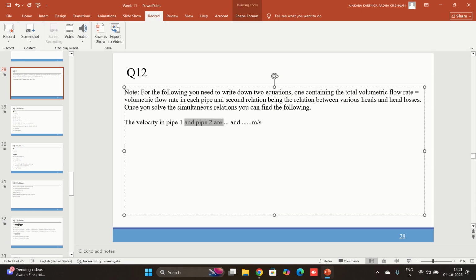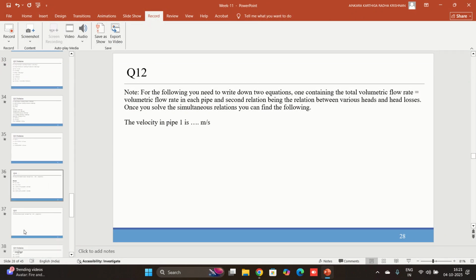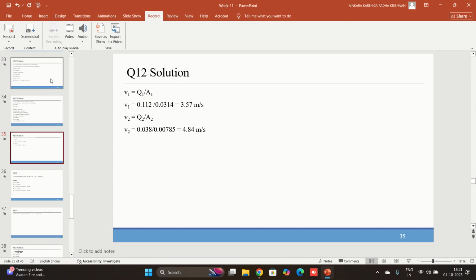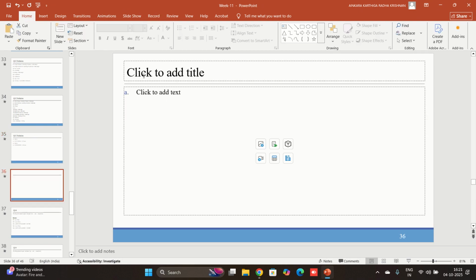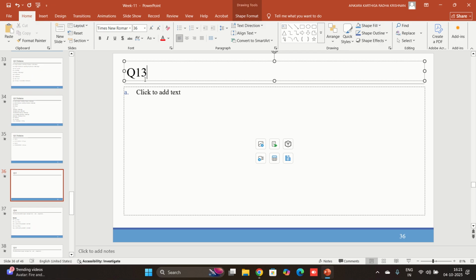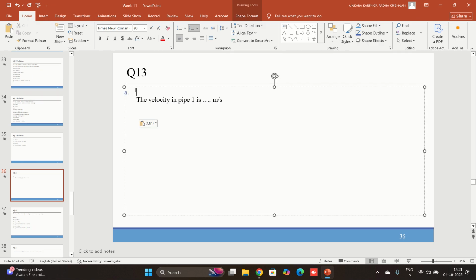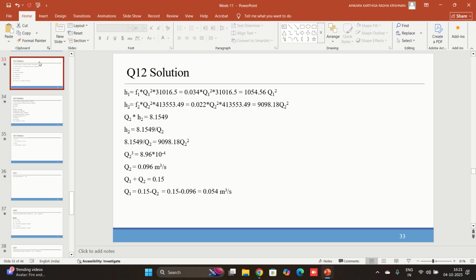I just change pipe 1 as 12, put 13, I'll put it again. Pipe 2 is dash.